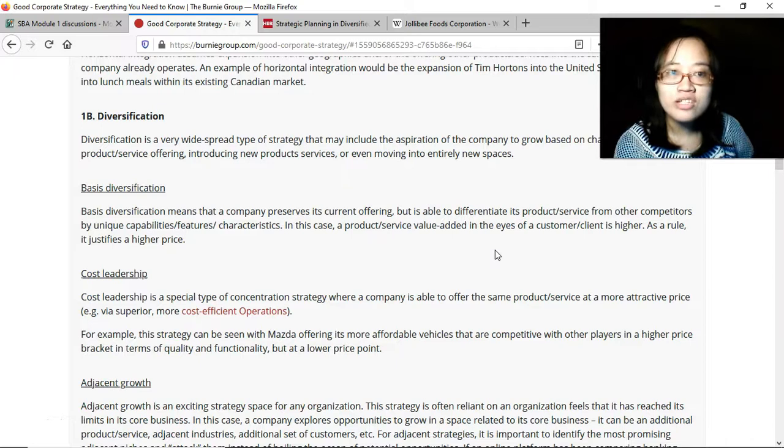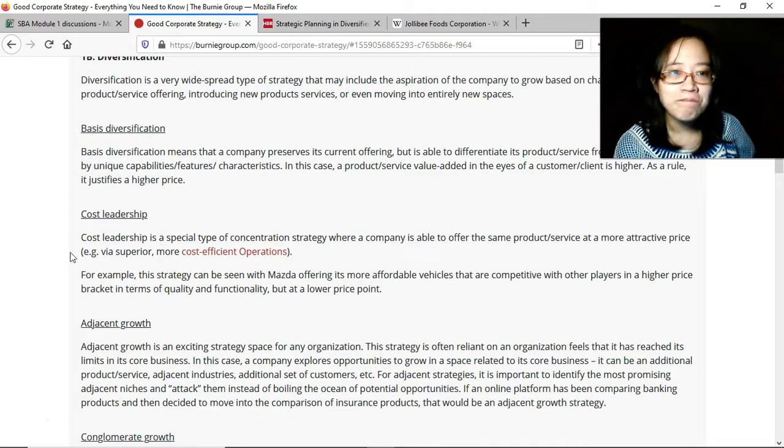As a rule, it justifies a higher price. Example, Apple. Okay. Cost leadership. Okay. Cost leadership is a special type of concentration strategy where a company is able to offer the same product or service at a more attractive price. Example is via superior, more cost-efficient operations.